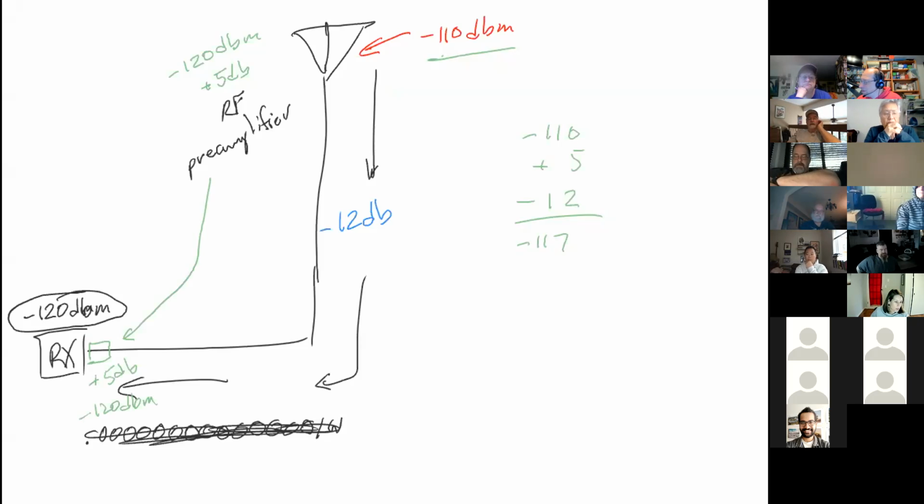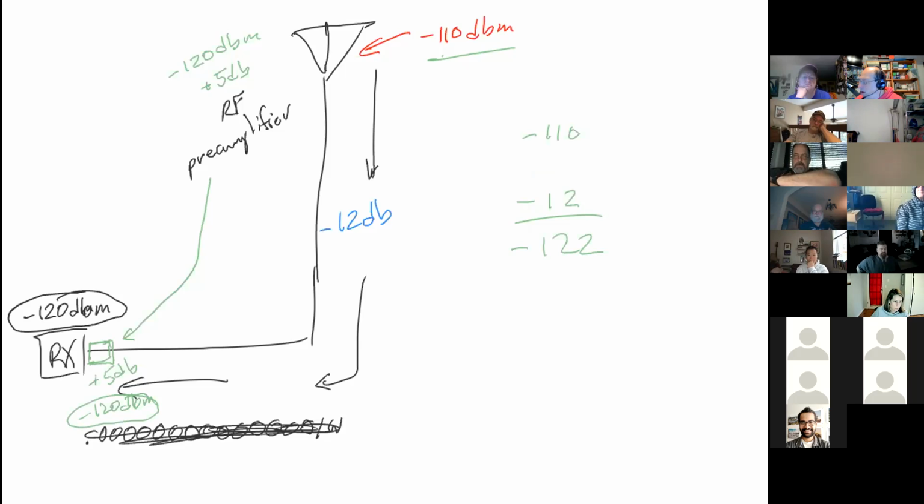You're amplifying the noise. That's right, because by the time it gets down there, I have taken this away and I'm now at minus 122. And I already said that this has a sensitivity of minus 120. So the RF preamplifier that I just put in can't hear it either. So basically what I'm doing is making the noise louder for my receiver.